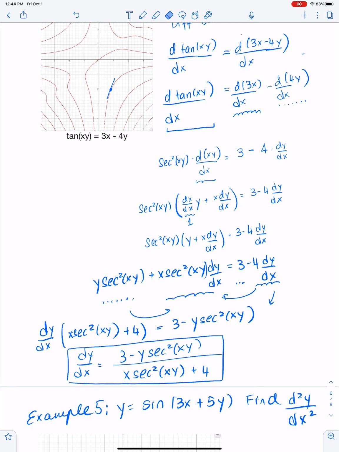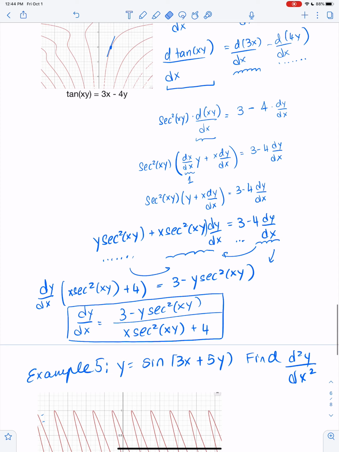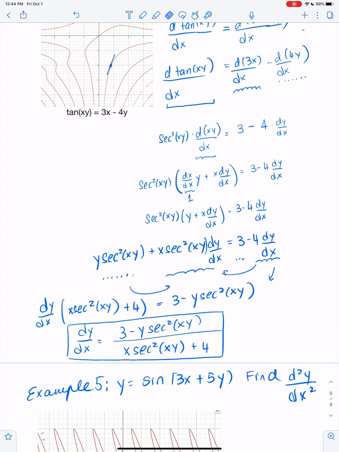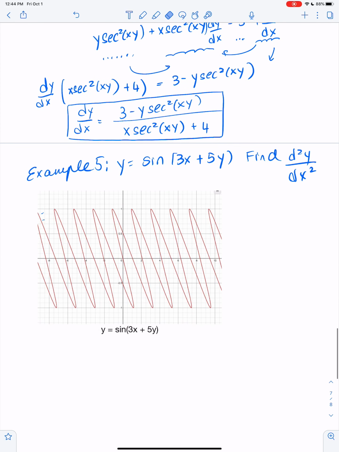Now, the next question we're going to do is one step further, where we're going to find the second derivative of y with respect to x. So how do you do that?